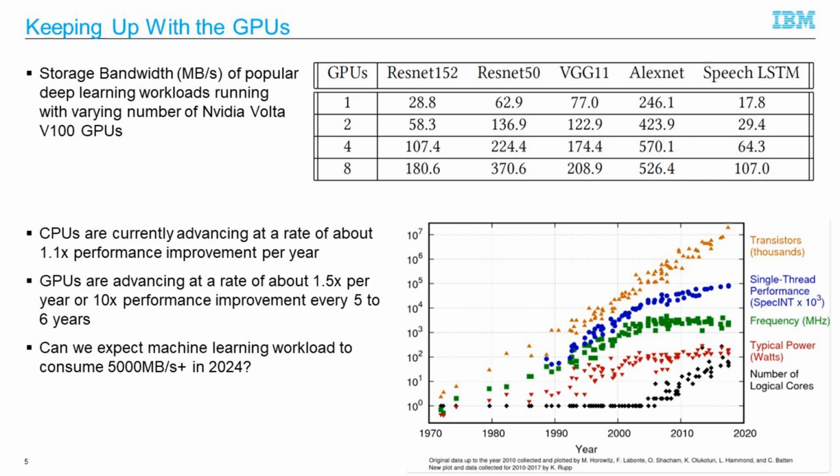In terms of the number of transistors they do, but in terms of performance increase for single-threaded performance, we're seeing an increase of about 1.1 times. GPUs, however, are advancing very much at Moore's law. We're still getting 1.5 times performance per year, or approximately a 10 times fold increase every 6 years.